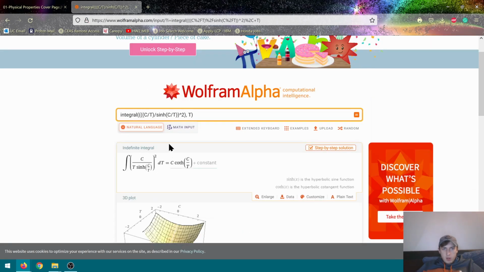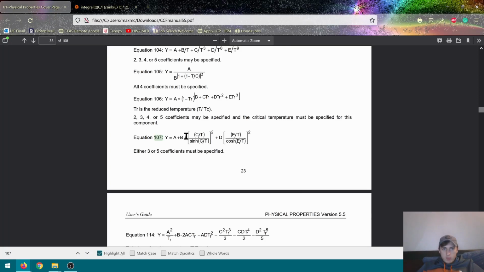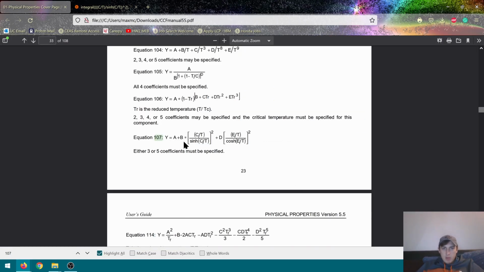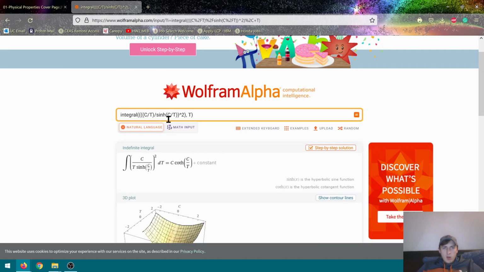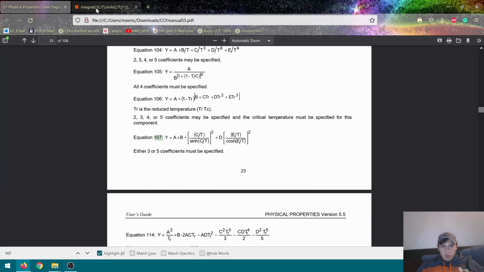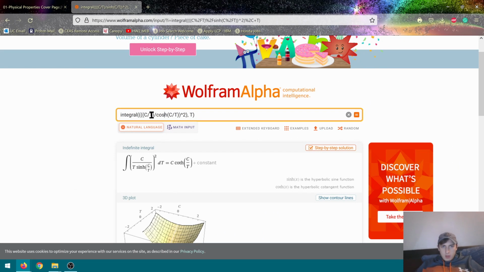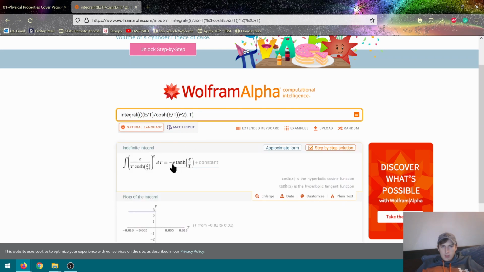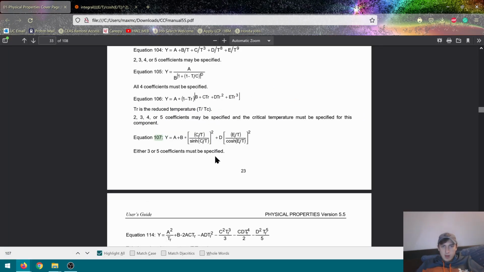I first input the C of T portion, and the equation that it yields is correct: the C, coth, C over T plus constant, but this will all be multiplied by B. Similarly, we can now solve for the other side, the E and T portion, simply by changing this from sine to cosine, and changing our variables C to E. From that, this is the second equation that we are going to be using, and we will be multiplying this by constant D.